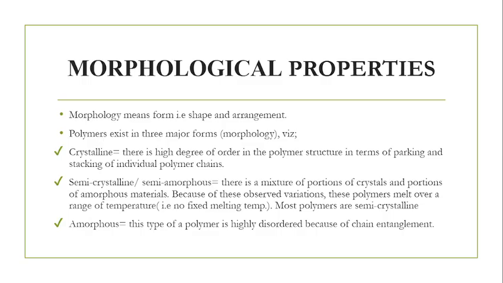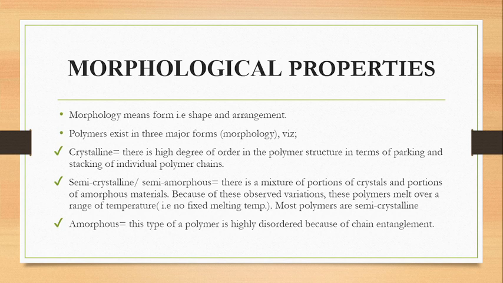Let us start with the morphological properties. Morphology means form. Form may be shape and sometimes arrangement. In the context of polymers, morphology means shape and arrangement.